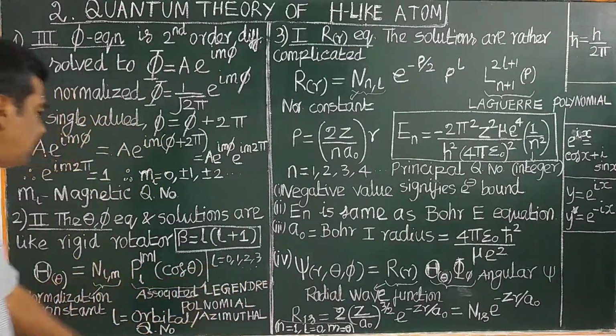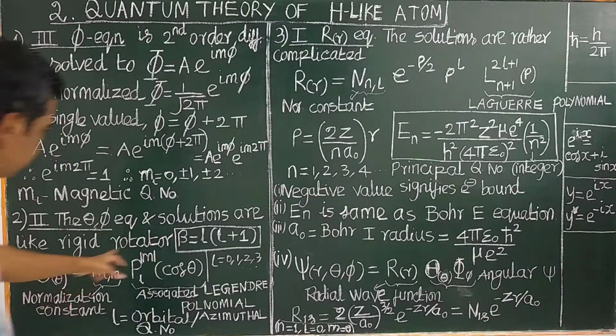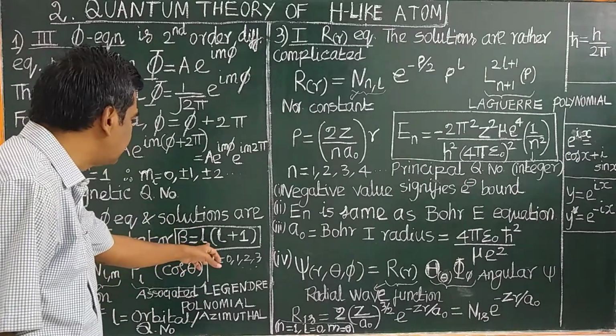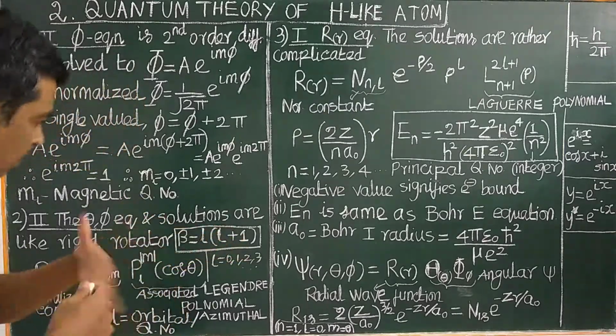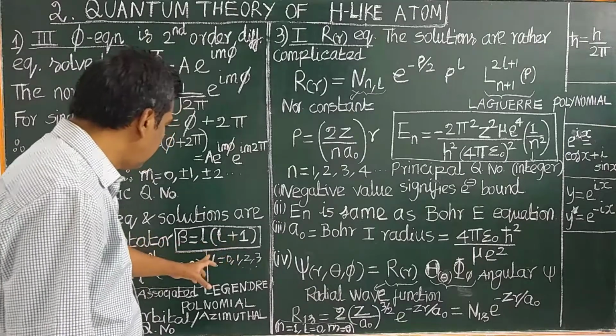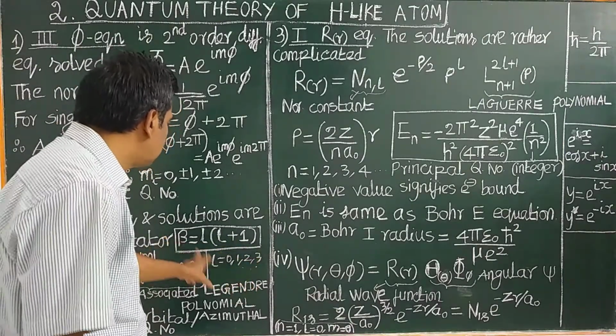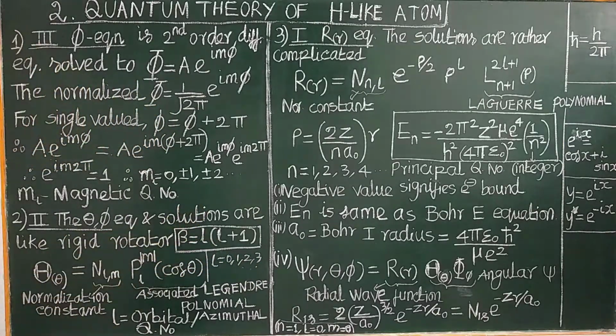L is called the orbital or azimuthal quantum number. By solving this equation, the value of beta is obtained as L into L plus 1, where beta is another constant. L equals 0, 1, 2, and these are the values that satisfy this equation.